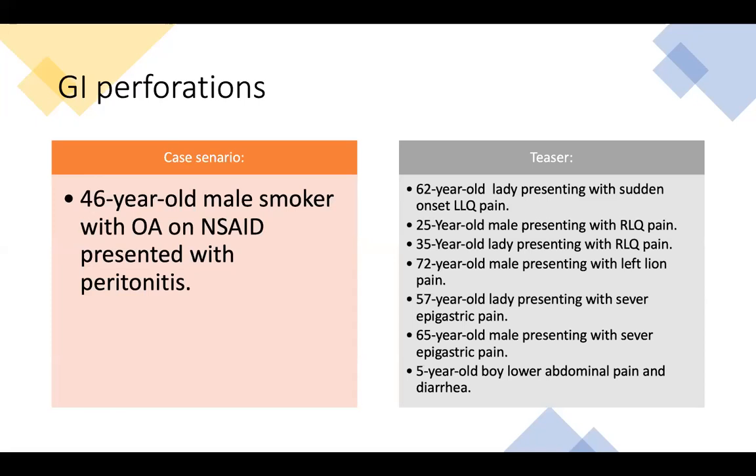That's really good. And in this lady who's 35-year-old coming with right lower quadrant pain, in a lady, we have to exclude torsion, ovarian cyst, hemorrhagic cyst, and acute appendicitis.